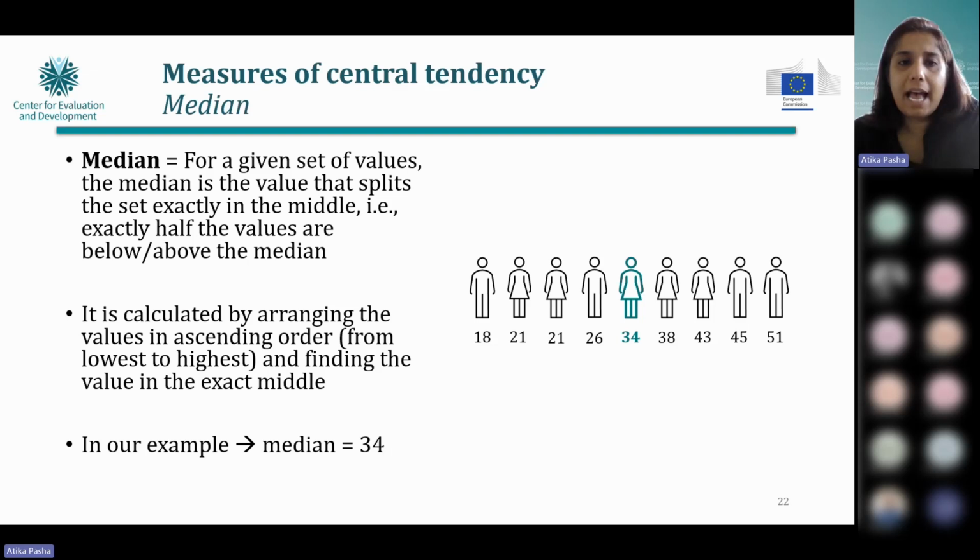What we see is that at age 34, we get more or less a 50% split in our sample, and that is exactly the middle value, or the median value, to be more technical. So the median age in our sample is 34.